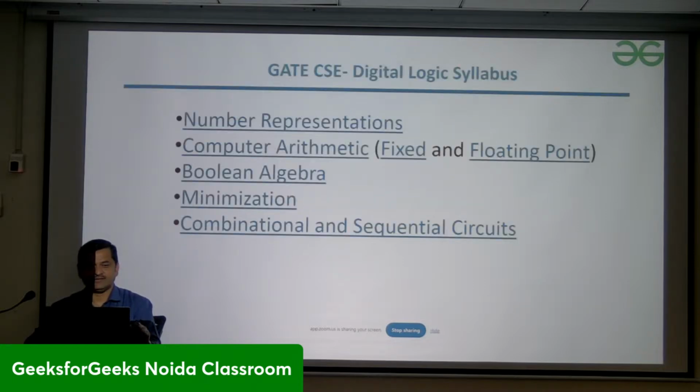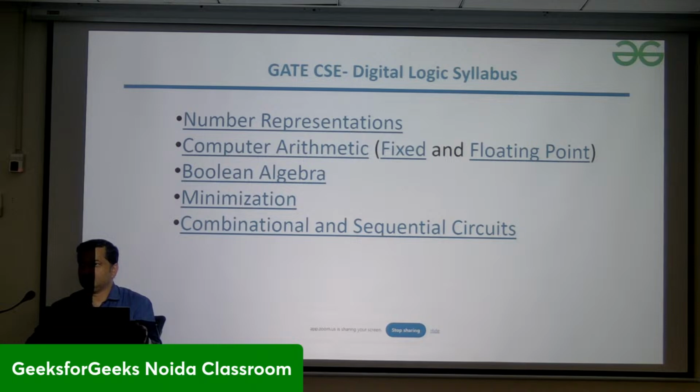syllabus. So that syllabus covers the number representation. You are very much familiar with this, that the computers, being computer science, that computer is only able to understand 0 and 1. Okay, and whatever we are using in daily life is decimal. Okay, and the addresses are referred as unsigned integer or hexadecimals most of the times. Okay, so we need to have the mechanism to represent these different types of number systems and the conversion between each one.